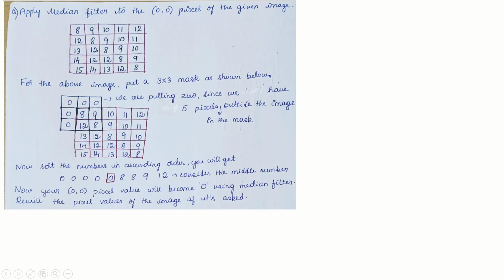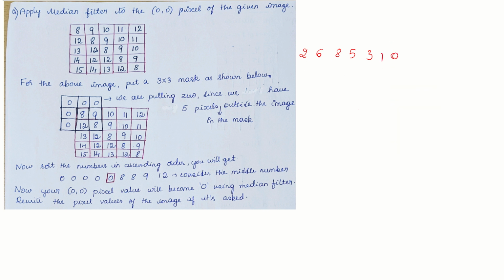Now moving to the next operation, that is the median filter. What is median? Generally, median in the sense, if you are given some 5 or 6 numbers, let me consider some numbers, let us say 2, 6, 8, 5, 3, 1, 0.